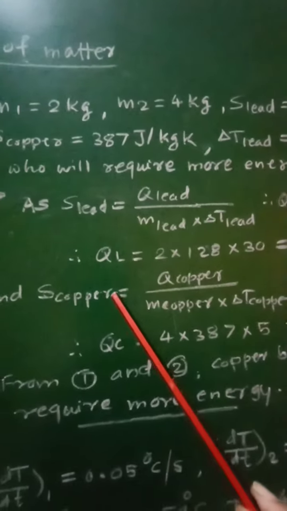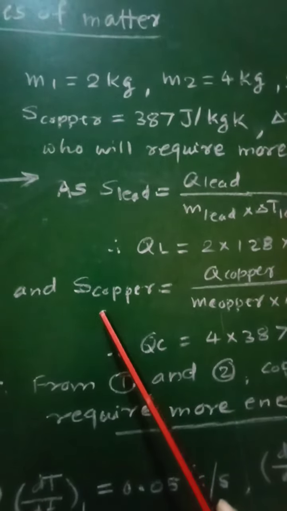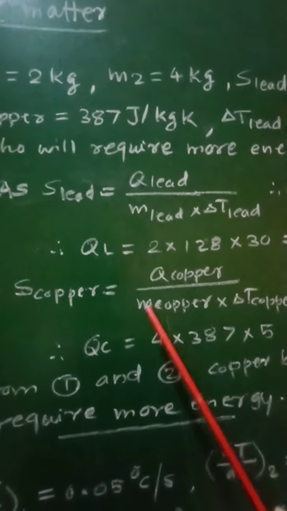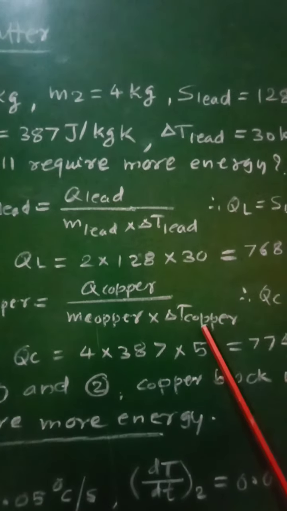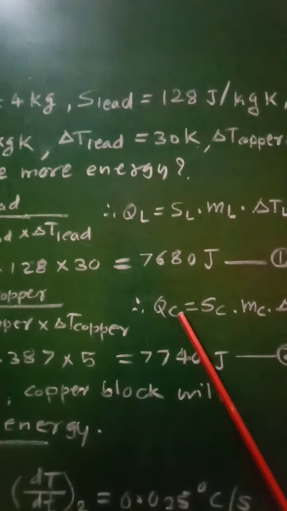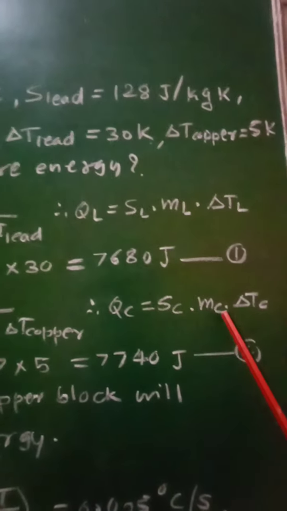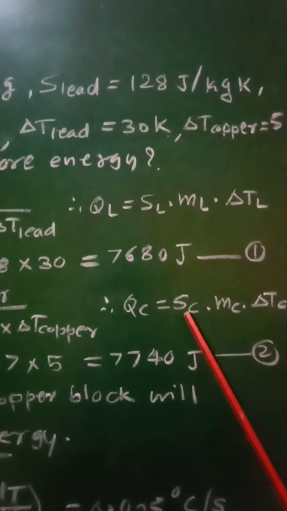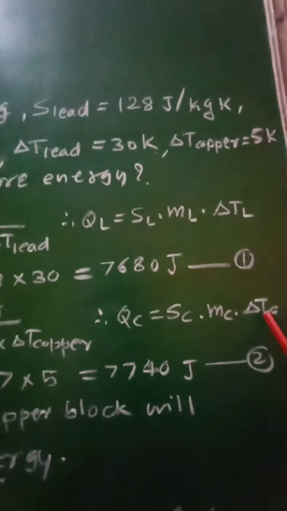Then similarly for copper we can write the specific heat capacity of copper, S copper, will be equal to Q copper upon M copper into delta T copper, which will be further written as Q_C equal to S_C into M_C into delta T_C.